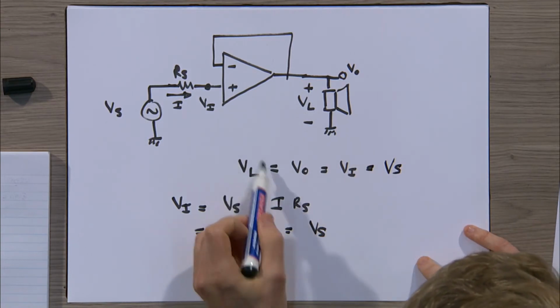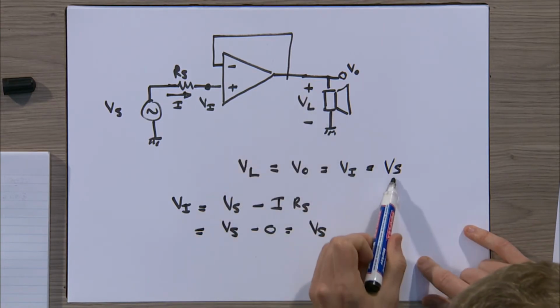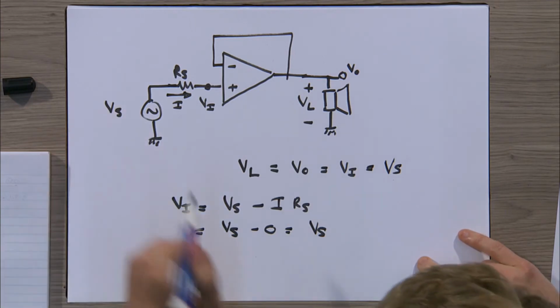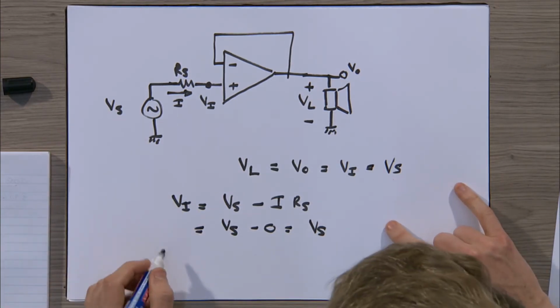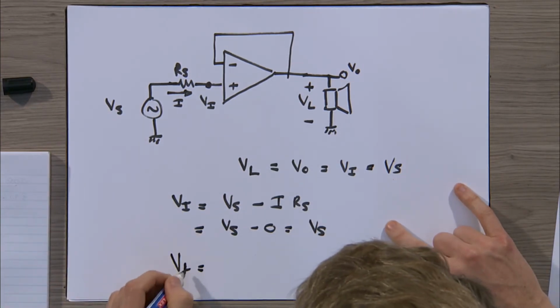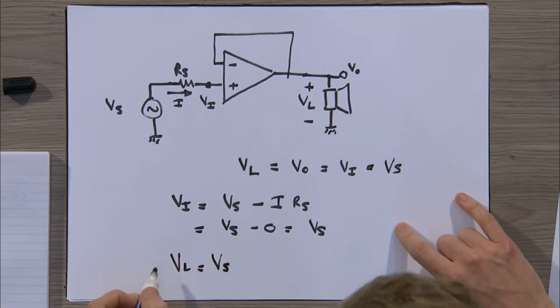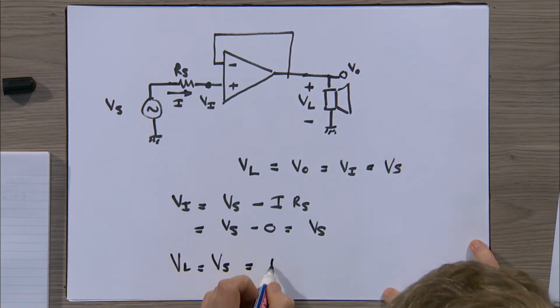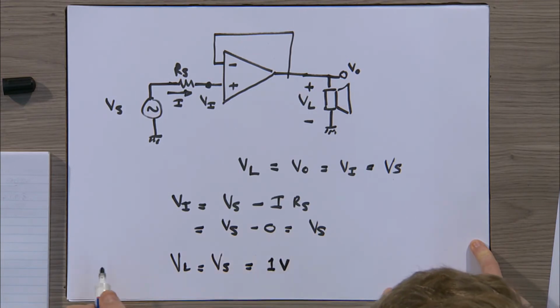So that means our load voltage, the voltage across the speaker, is equal to our voltage on the microphone. So V load is equal to Vs, and we said that this is 1 volt.